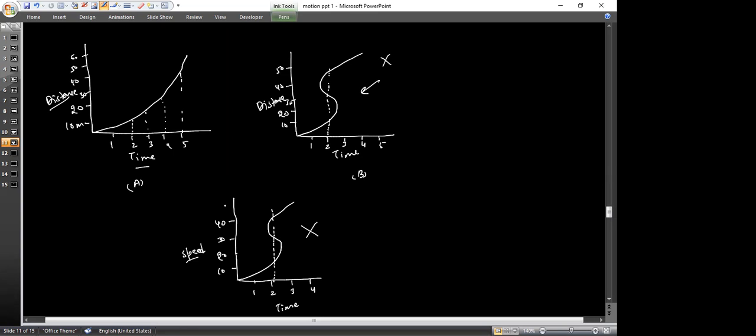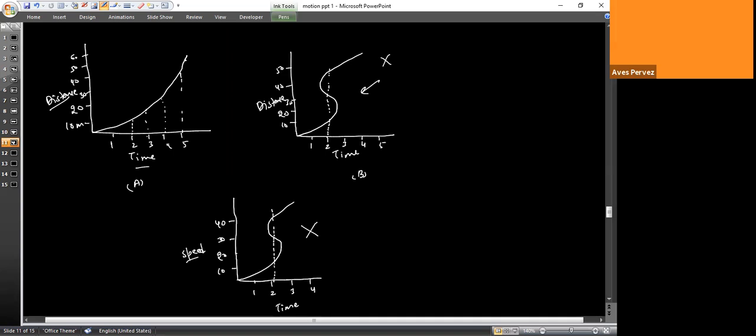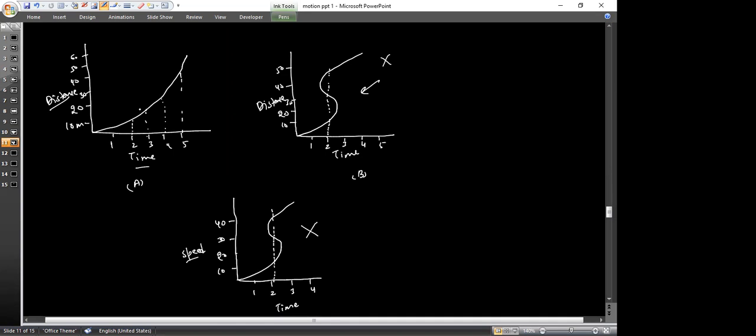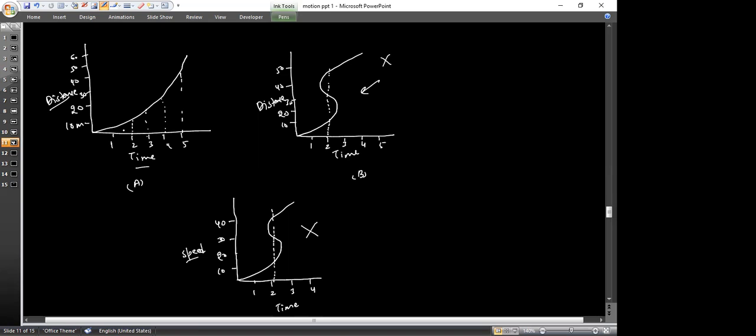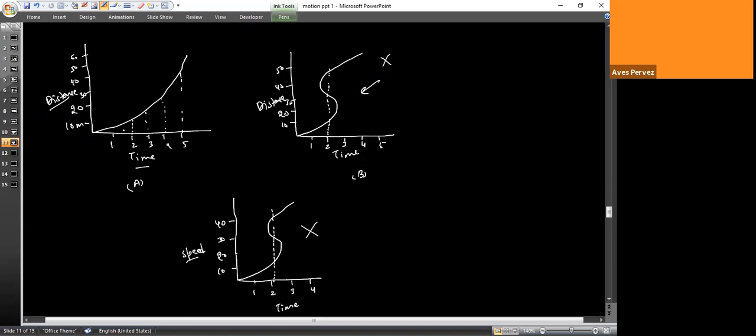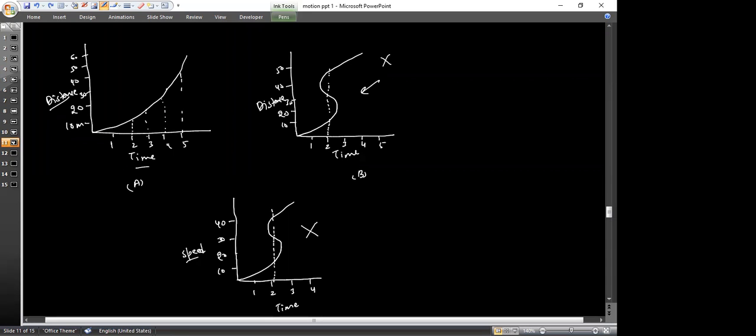This is a curved graph, but it is not cutting. If it cuts only one time, it is possible. If it cuts twice, just suppose if I make this graph like this, it is again an impossible graph. At 5 seconds it is cutting 2 times. So till here it is possible. Okay, sir, got it.